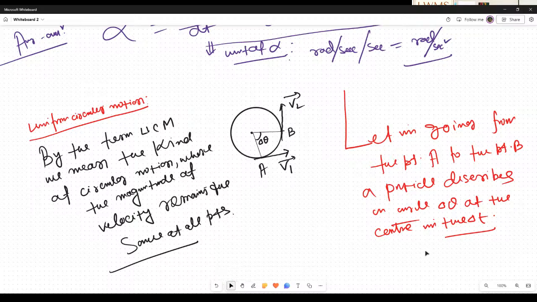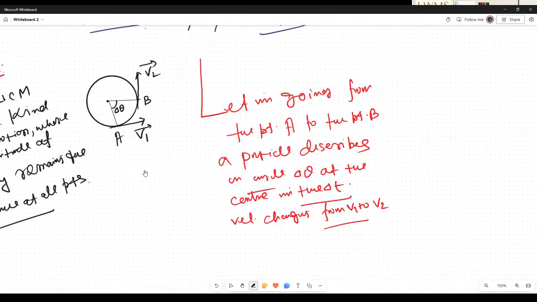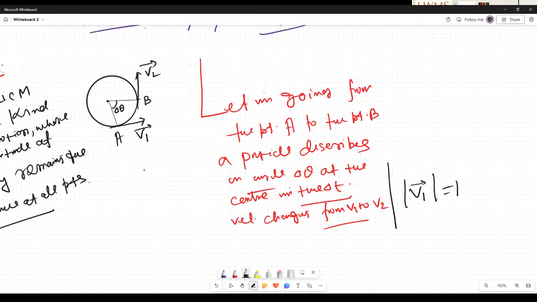And velocity changes from V1 to V2. And let us assume that mod V1 equal to mod V2 equal to V. The magnitude remains the same.